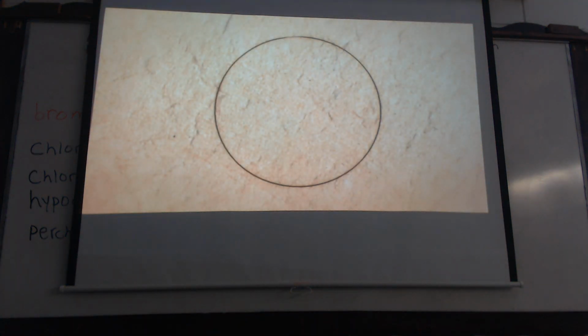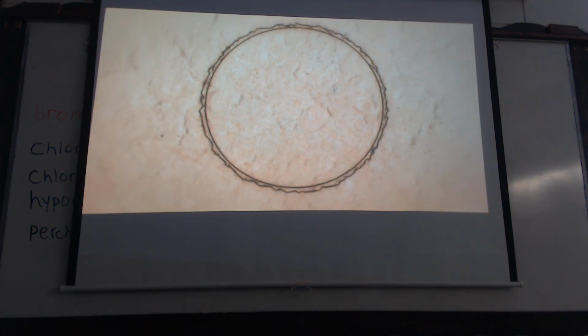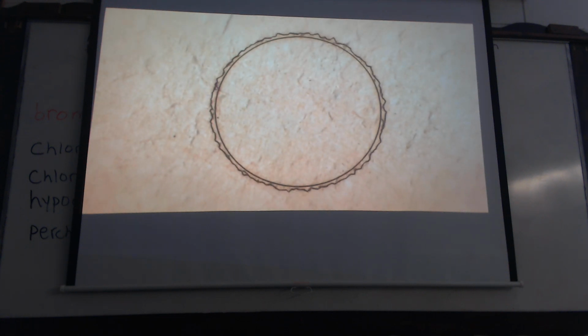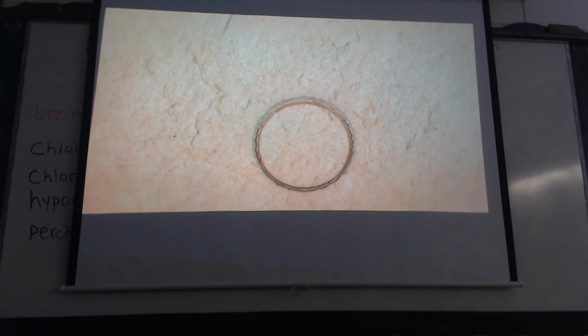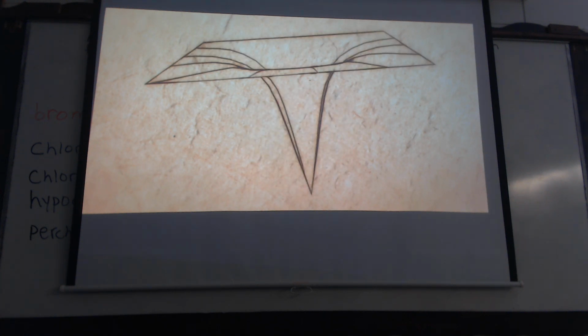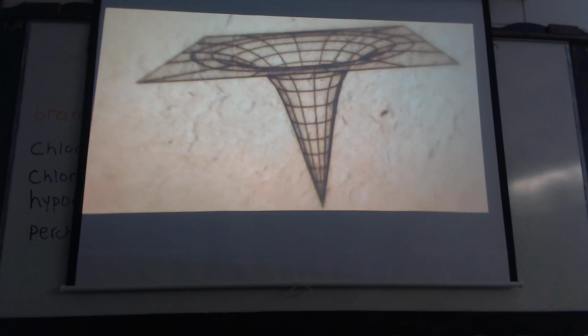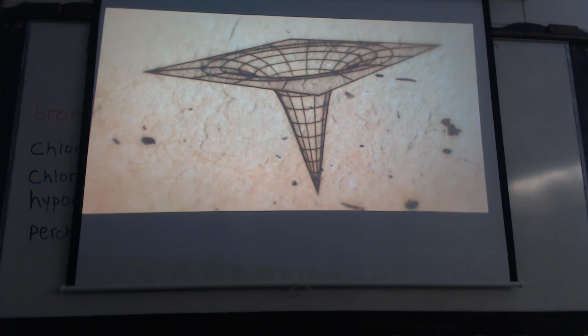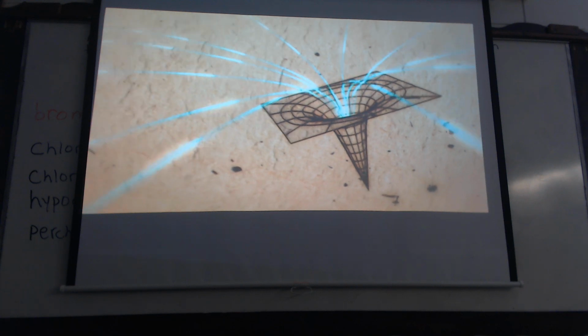Between calculations of artillery trajectories, Schwarzschild figured out that an enormous amount of mass, like that of a very dense star, concentrated in a small area, would warp the fabric of space-time so severely that nothing, not even light, could escape its gravitational pull.